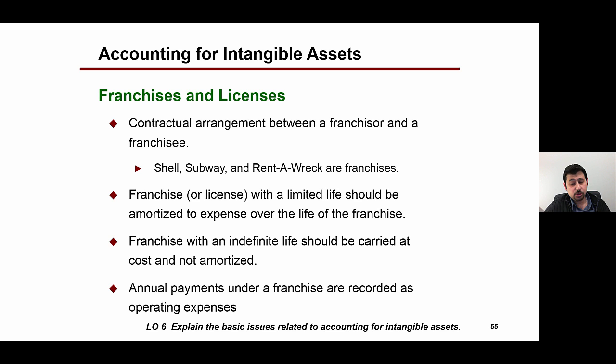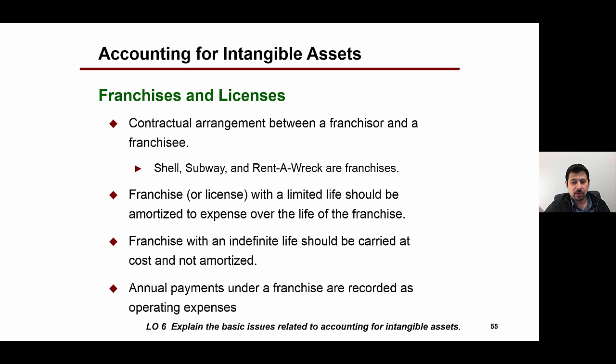And there is actually another kind of franchises and licenses, such as the ones between a government and a company. For example, think about the telephone poles that are used in public lands. There's an agreement between the phone company and maybe the municipality to use the public land to install those telephone poles.